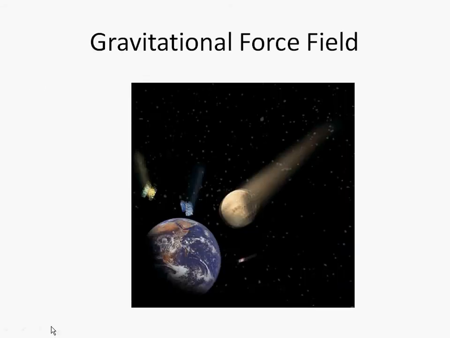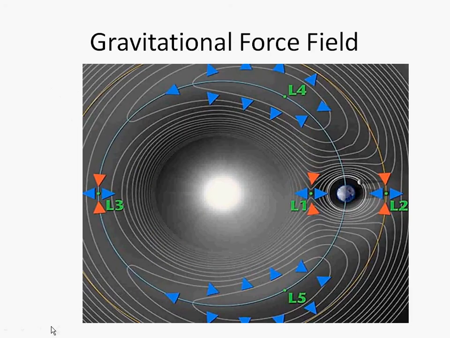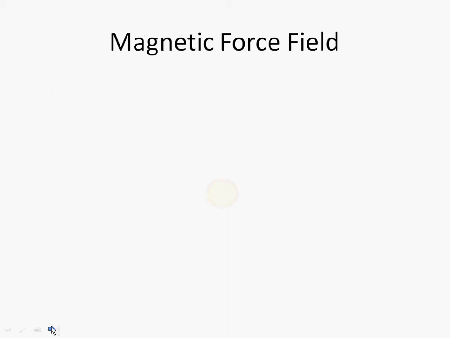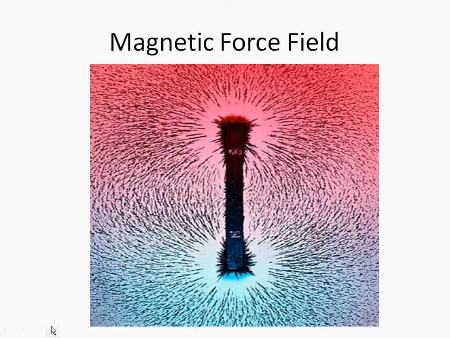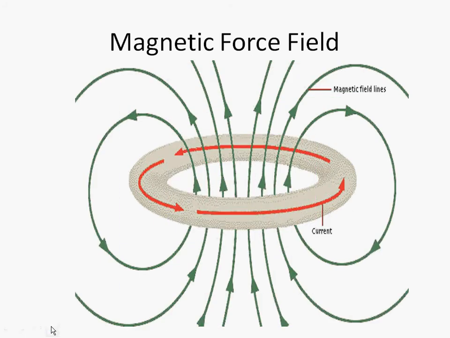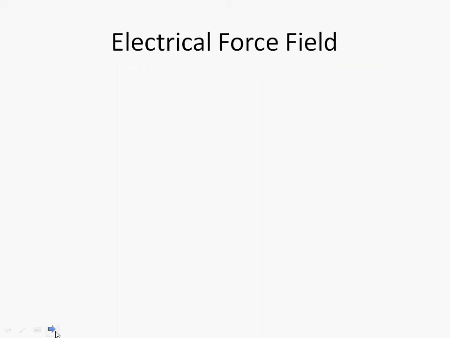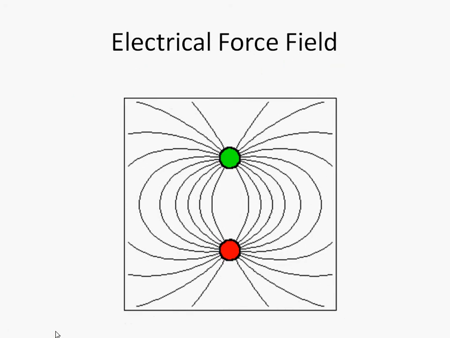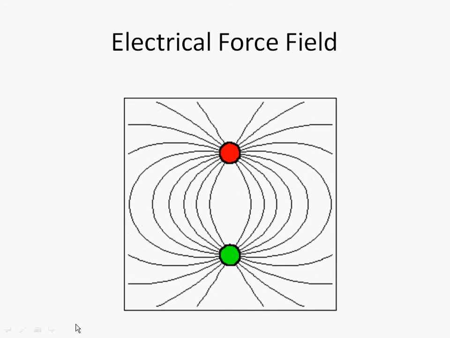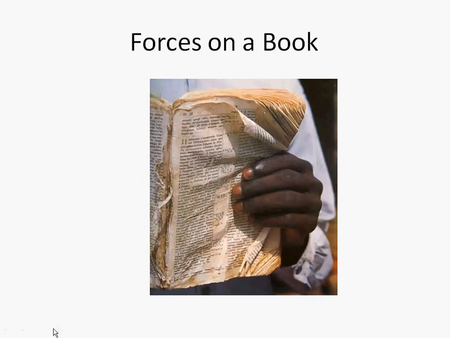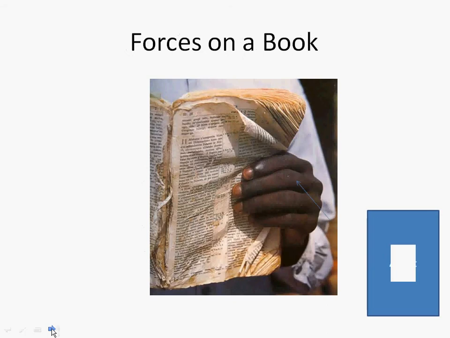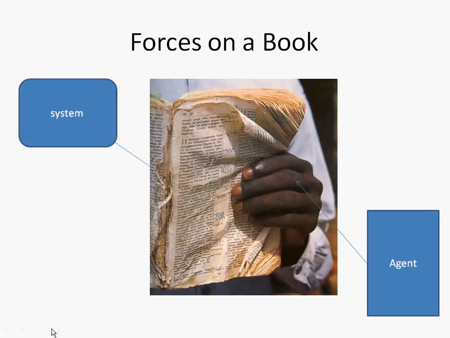Well, that's like a gravitational force field, or a magnetic force field, or an electrical force field. If we look at these forces on this book, we have the agent and the system.